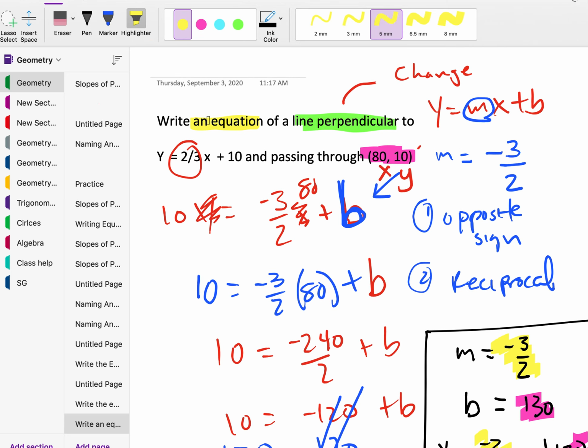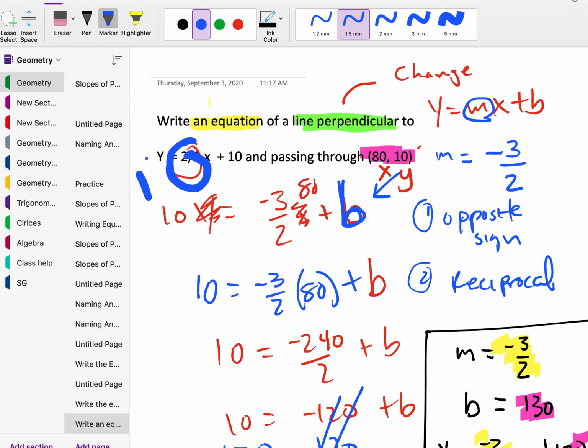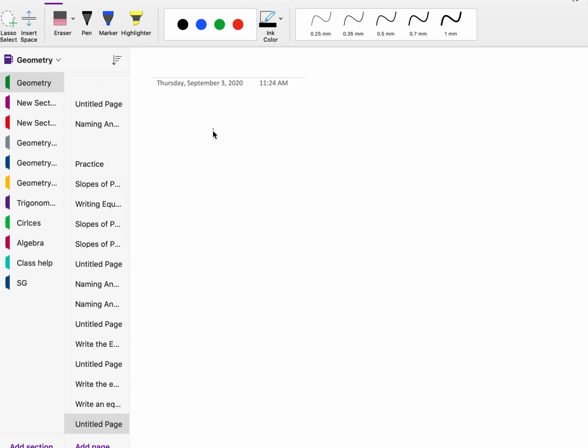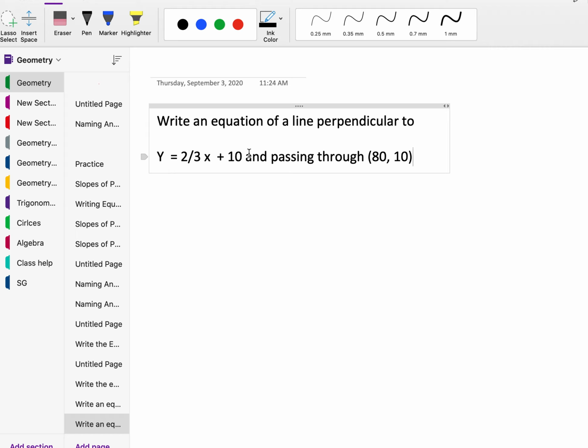Again, first step, I looked at the slope and I changed it to -3/2. After I changed it, what I ended up doing was writing a new equation. Let me just be a little bit neater for this review.